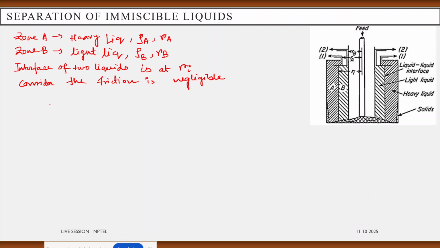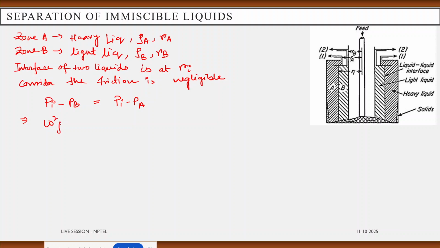So the pressure difference between the interface and side B, and the pressure difference of side A, will be equal if there is no frictional loss. Now we have already derived the equation.